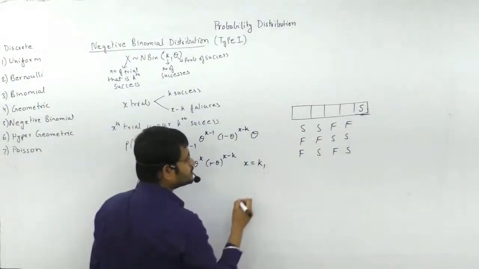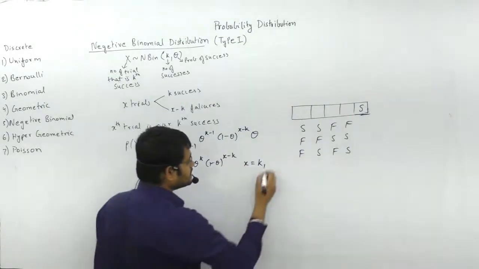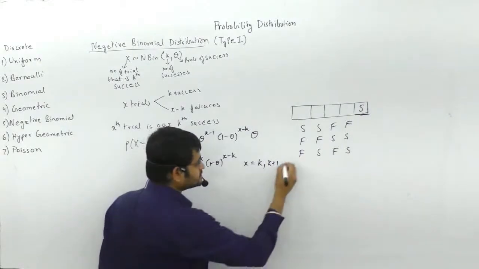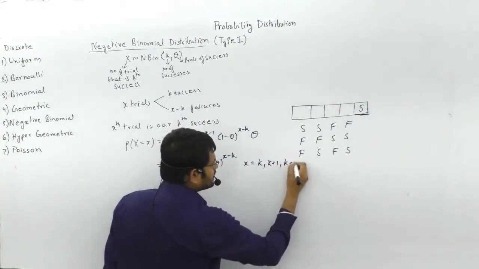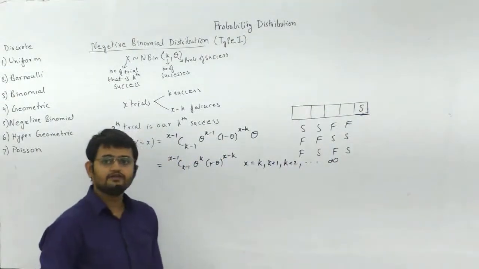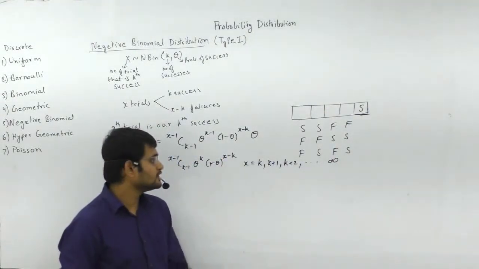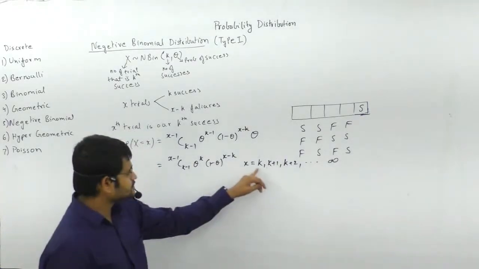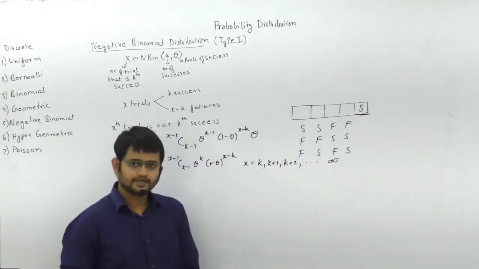So the minimum value of X would be k, or it can be k plus 1, that means 1 failure and k successes. I can have k plus 2, or so on till infinity. I can have infinite trials to get my k successes. So X goes from k to infinity.